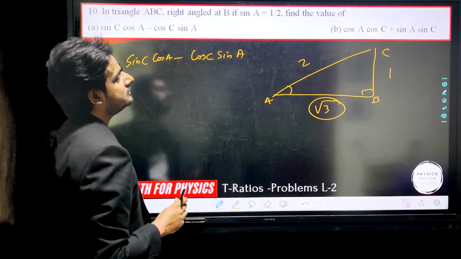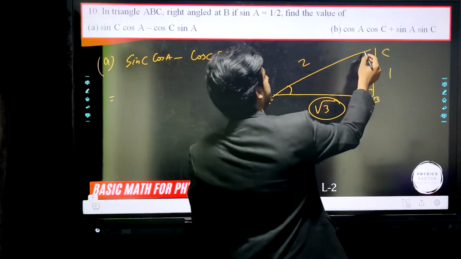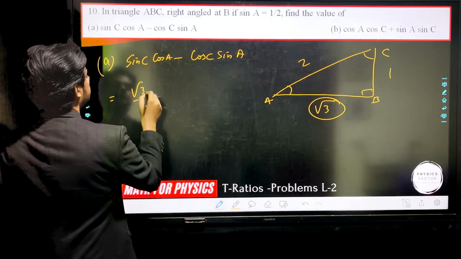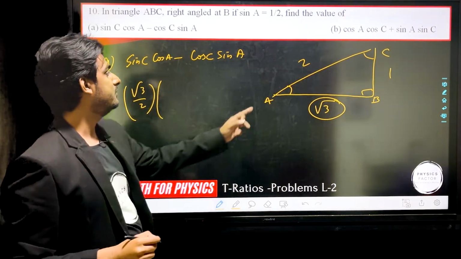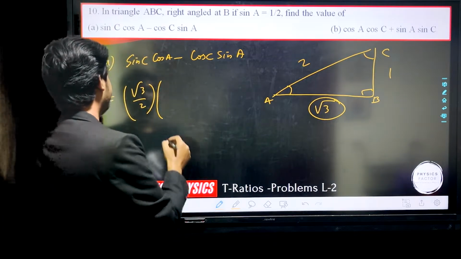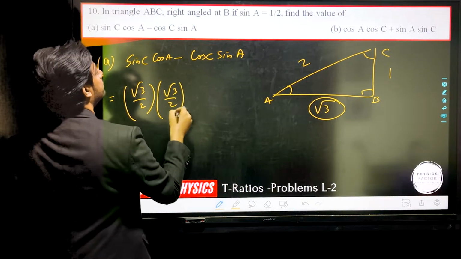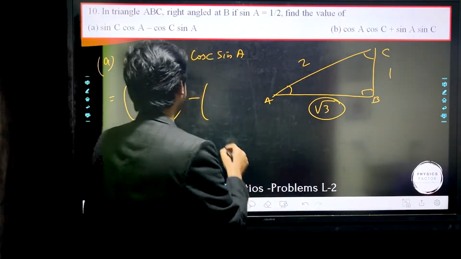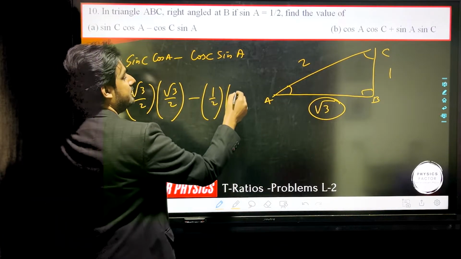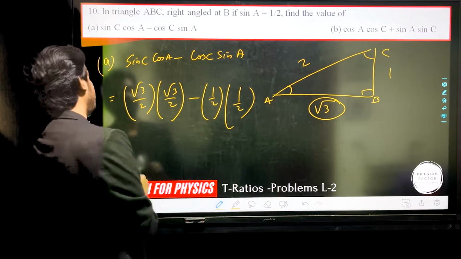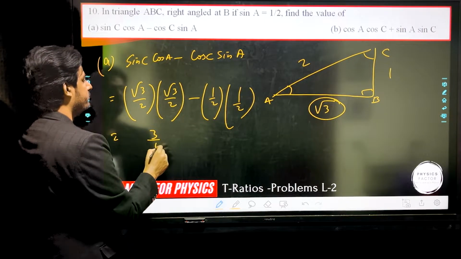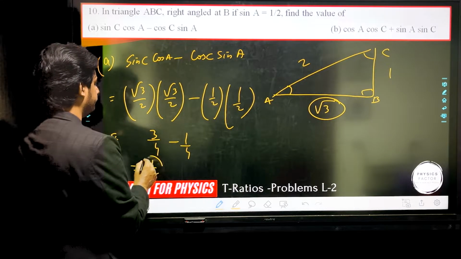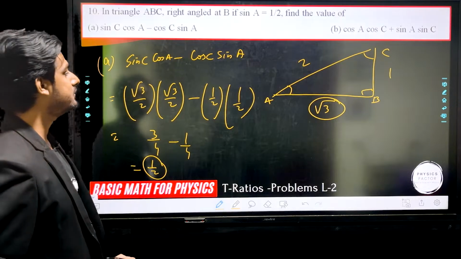So sin C is opposite upon hypotenuse, so root 3 upon 2, and cos A base upon hypotenuse, so root 3 upon 2, minus, this is cos C, so cos C is 1 upon 2 and sin A is also 1 upon 2. Alright, so this is 3 upon 4 minus 1 upon 4, so answer is 1 by 2. So that's the part A answer.